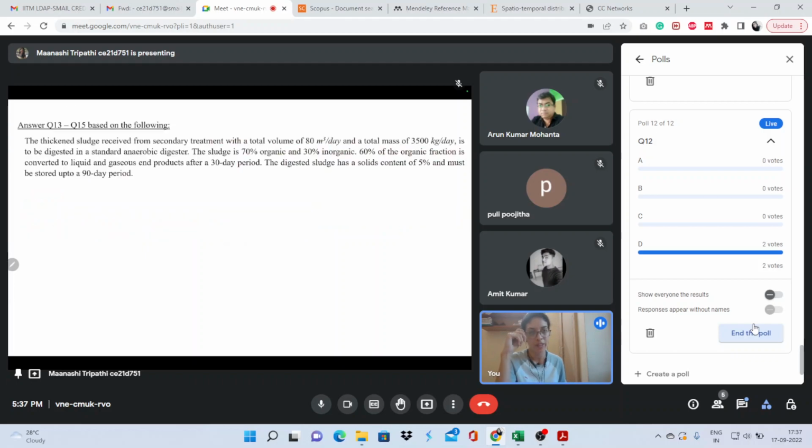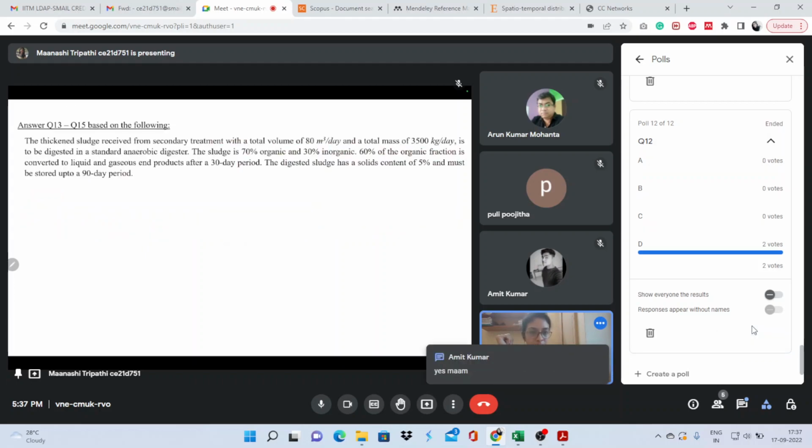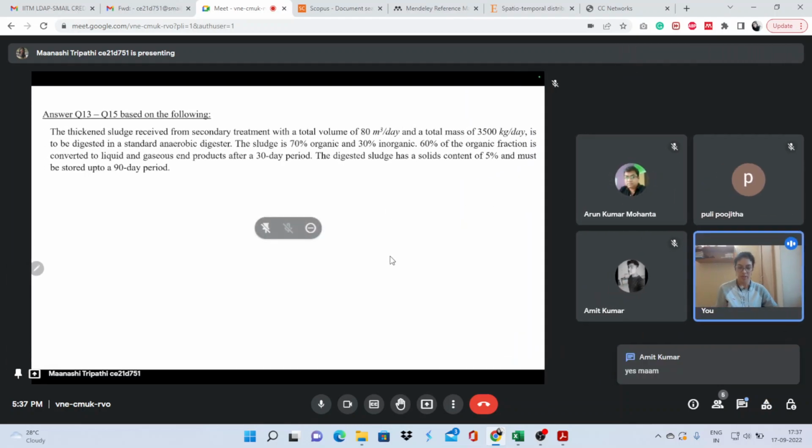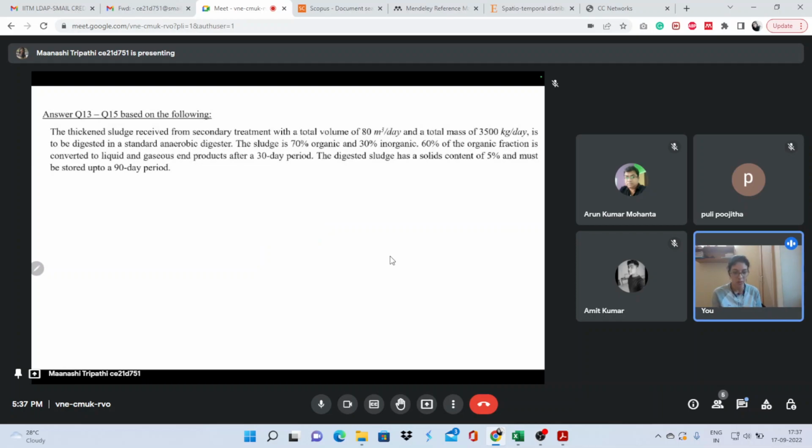So now we will see numerical questions. The question number 13, 14, 15 is based on this numerical only. So I wish you will note down all these values. A thickened sludge received from secondary treatment with the total volume is 80 meter cube per day. We have total volume and total mass.